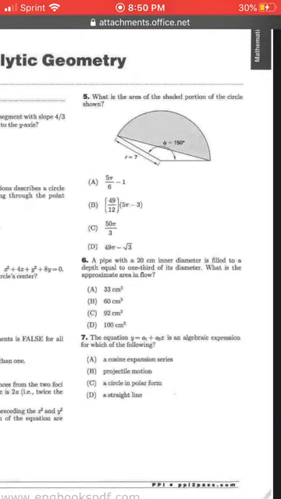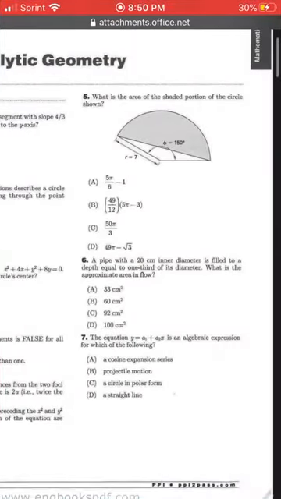What is the area of the shaded portion of the circle shown? This is question 5. So essentially, the area that we're looking for here is a sector, but with only a portion of it shaded in. So let's find the sector first.